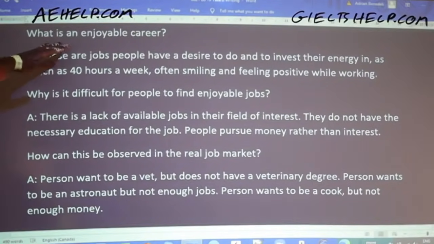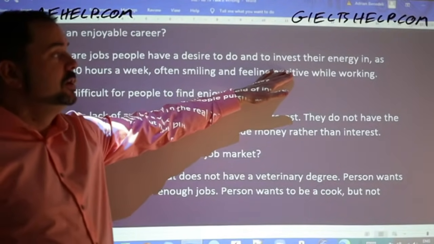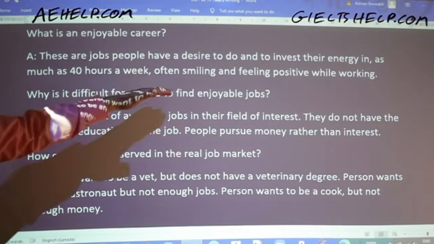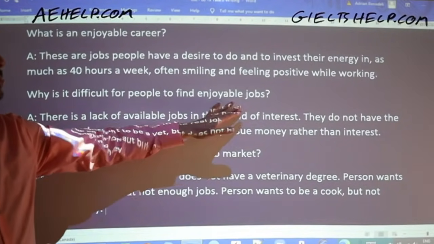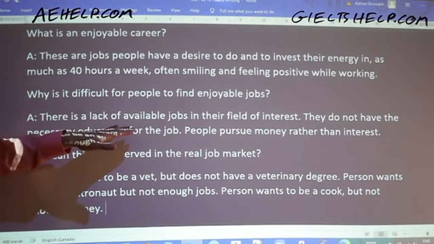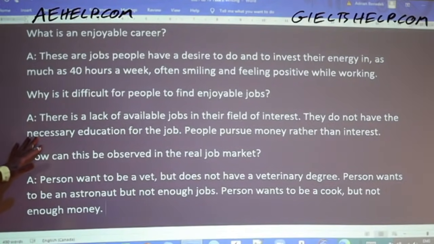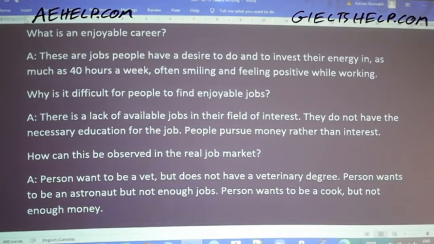So what is an enjoyable career? These are jobs people have a desire to do, to invest their energy in as much as 40 hours a week or more, often smiling, feeling positive while working. Why is it difficult for people to find enjoyable jobs? There's a lack of available jobs in their field of interest. They do not have the necessary education for the job, or people pursue money rather than interest.